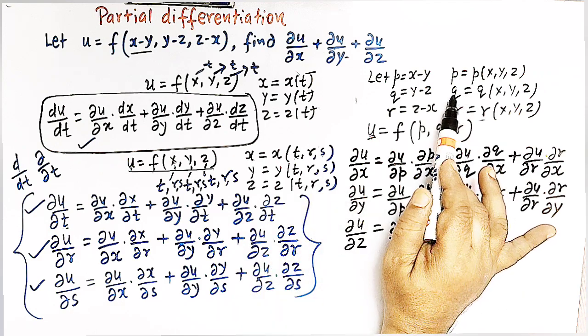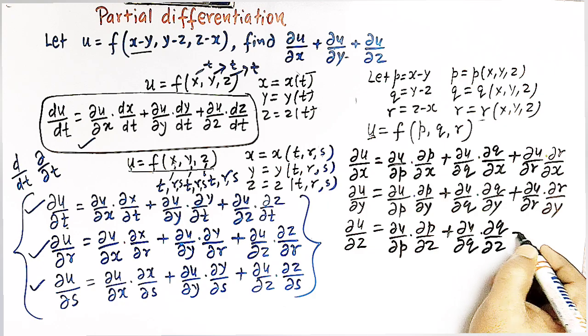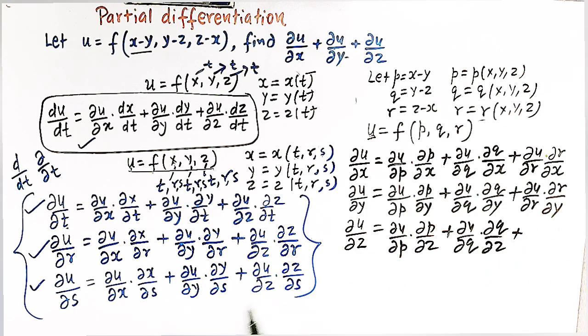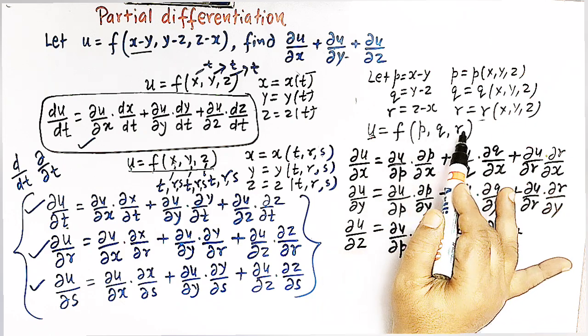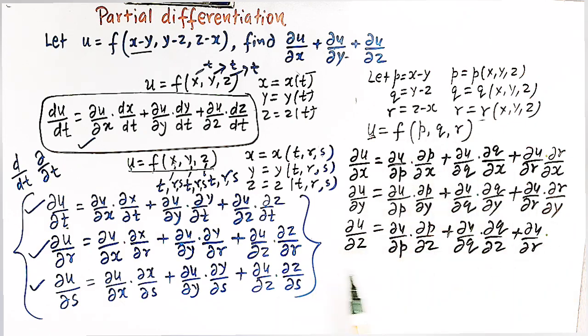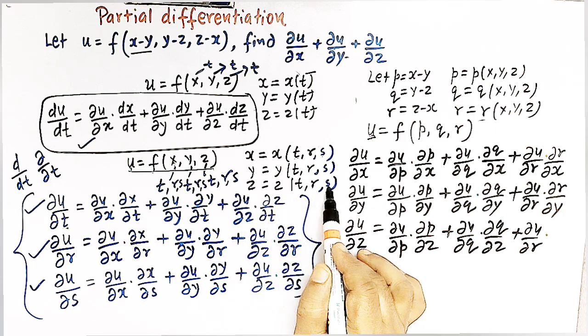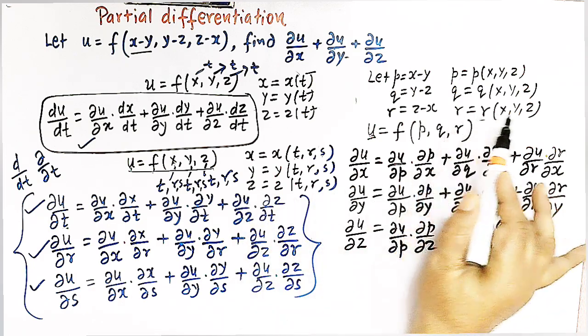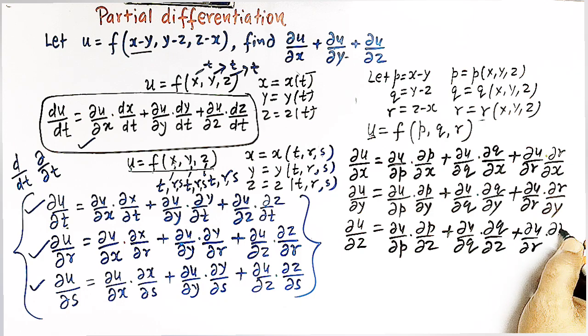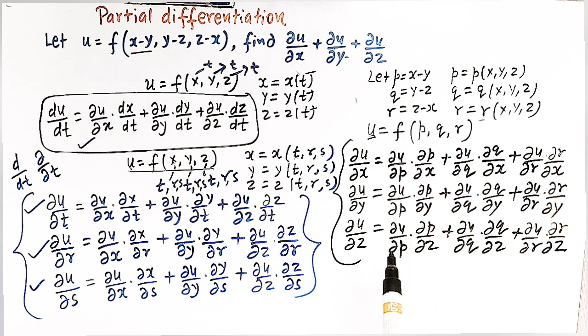So here we have q over z, and then we have u over z. So here we have u over r, and then we have z over s, that is ∂z/∂s. So here we have r over z. So here we have ∂r/∂z. So we have now these three expressions.